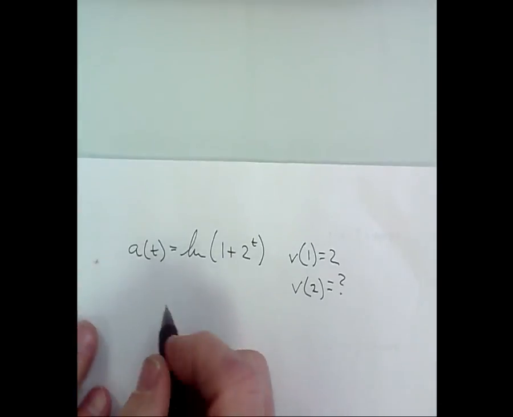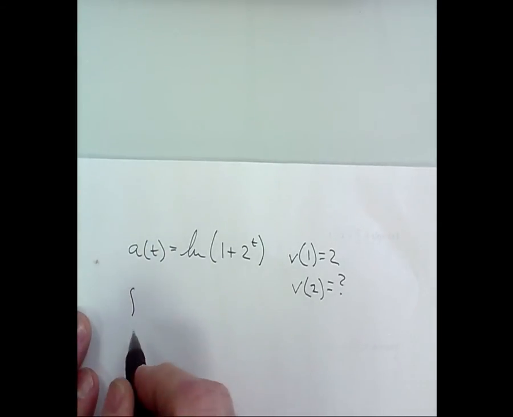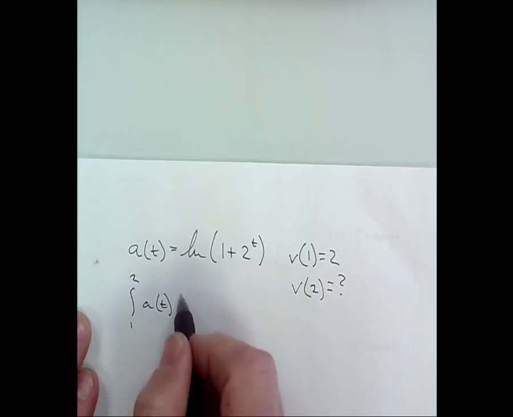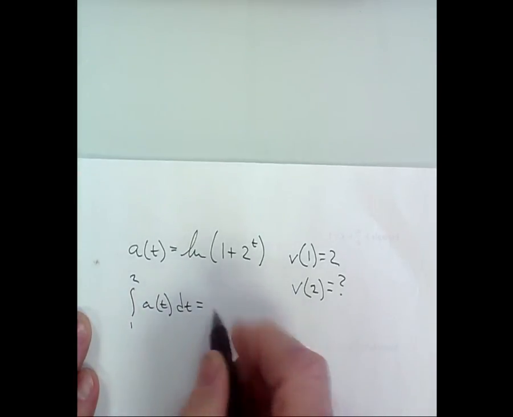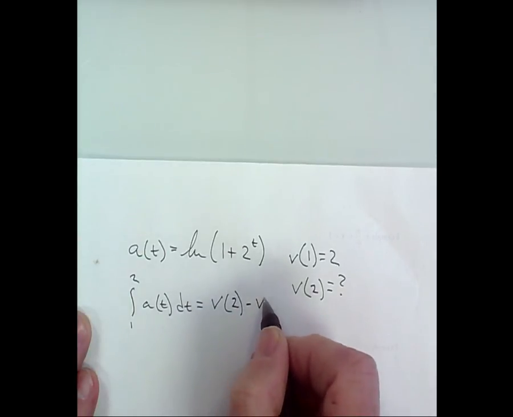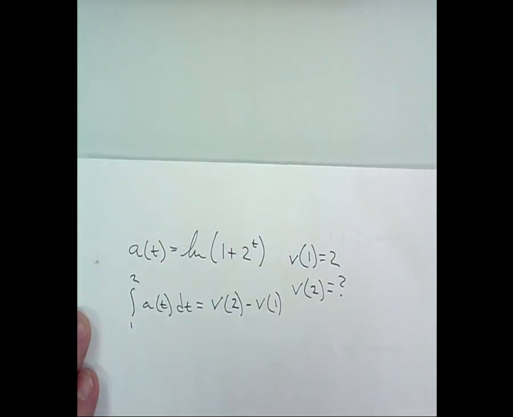And so I can integrate from 1 to 2 of A of t dt, and I know that's going to be the antiderivative, which is v of 2 minus v of 1, correct? And so v of 2 is what I'm figuring out. V of 1 is 2.